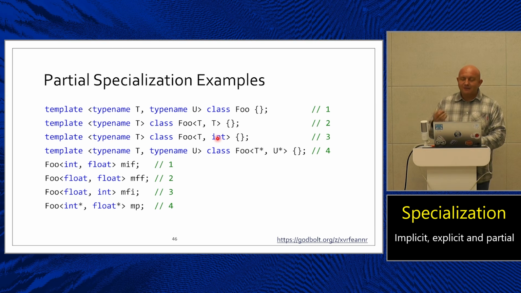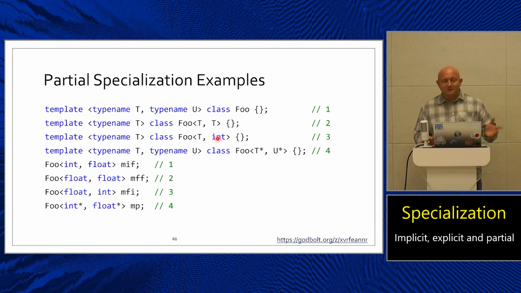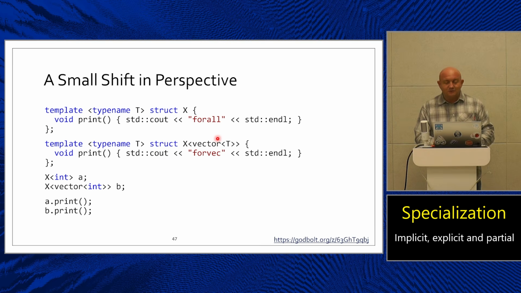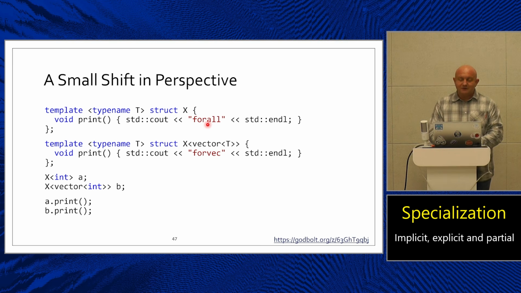But think about it. We've already seen ordering everywhere in C++, between concepts, between function templates, and so on. In C++, there's ordering everywhere, and that's a good thing. This means a language has a consistent set of rules. And now, for a small shift in perspective, we can create specializations based on elaborated types.